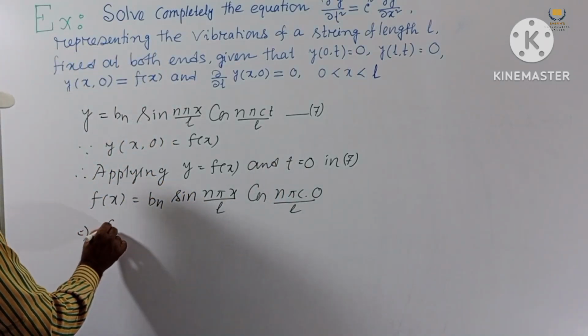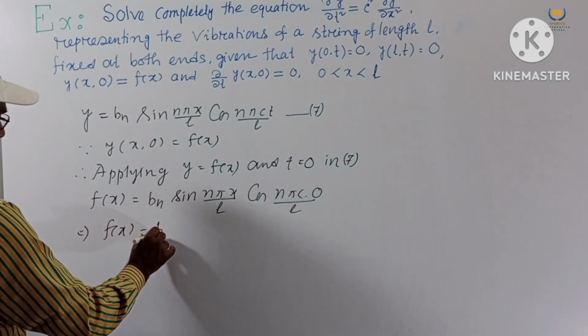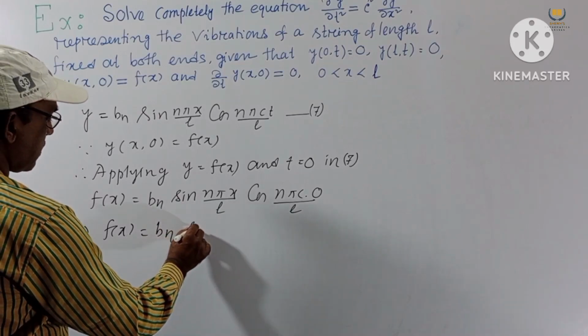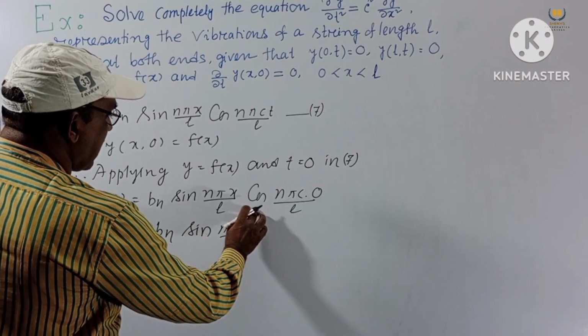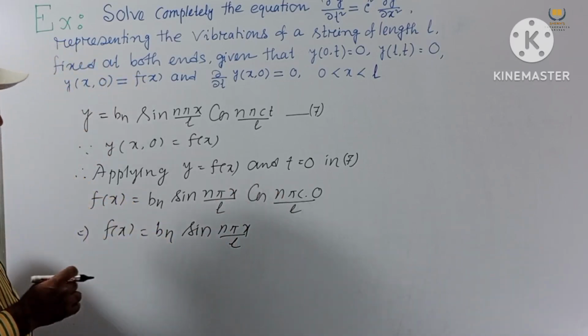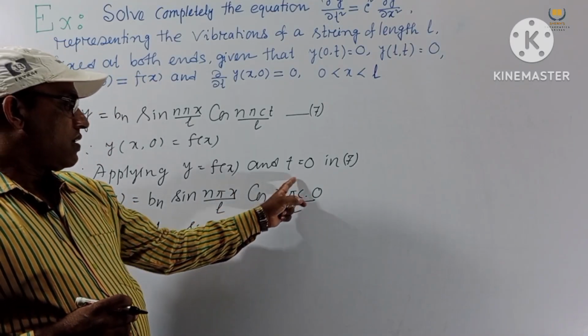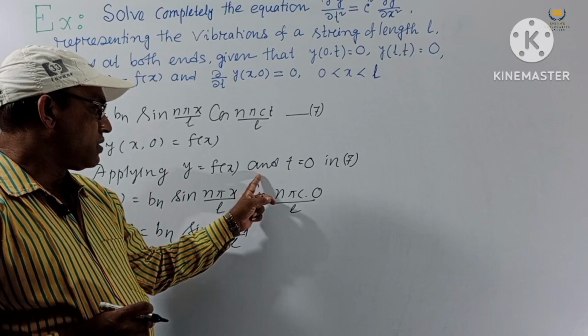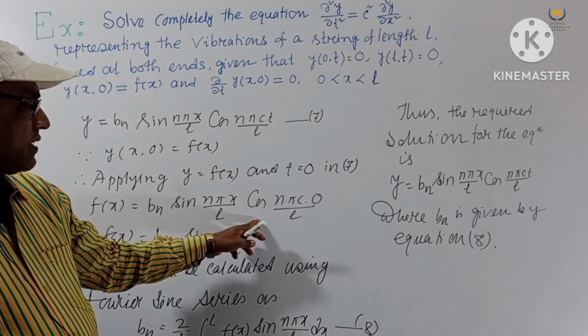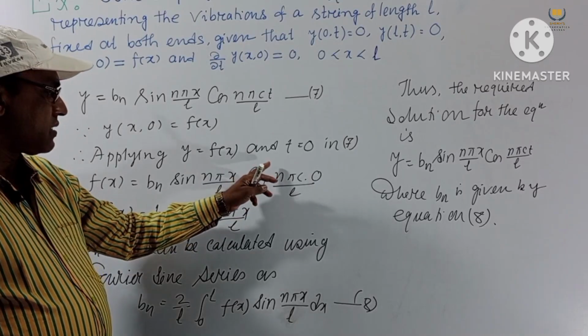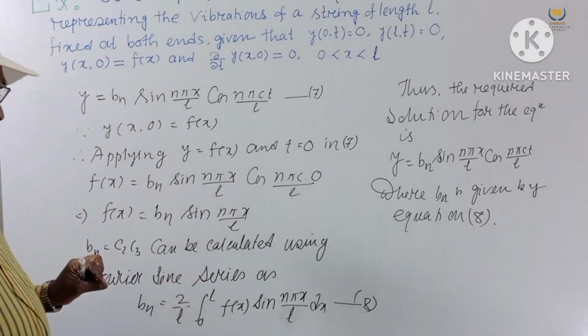So this implies f(x) equals bn sin(nπx/L), since cos 0 means 1. After putting t equal to 0, cos 0 is 1, we get this one.